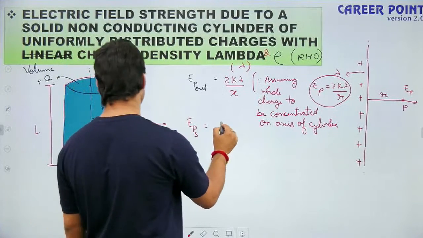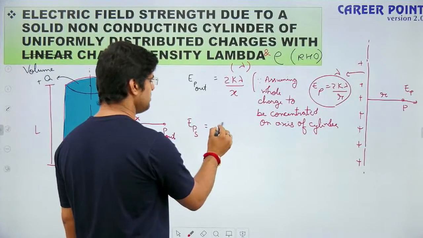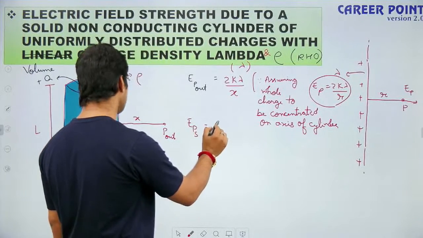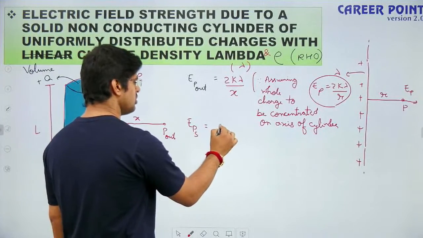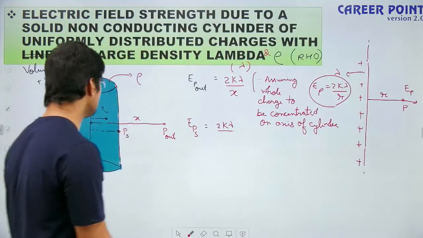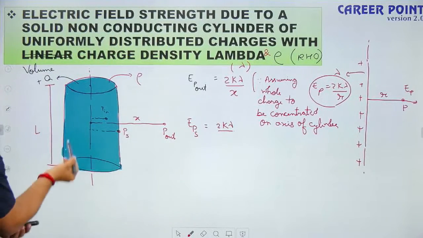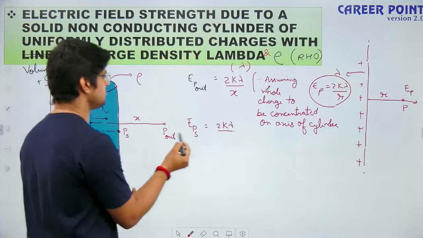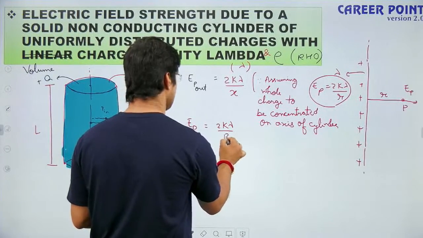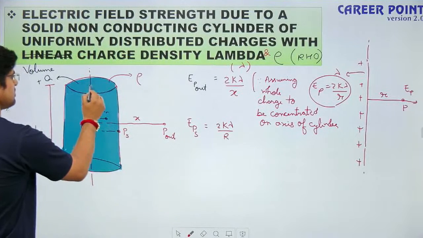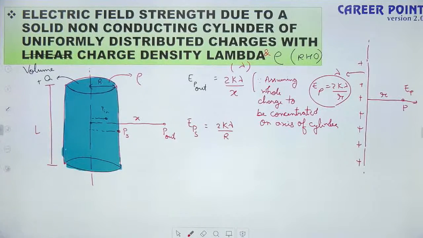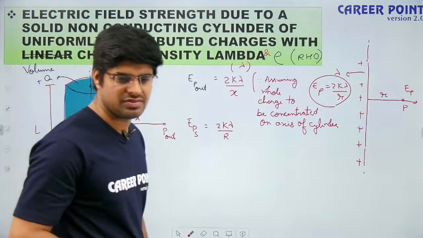So in that case, 2k lambda by capital R, where this is the radius of the cylinder.